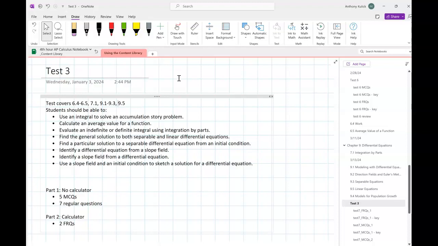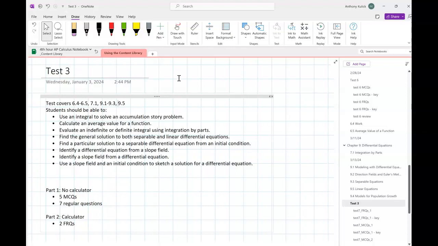Will we know which sections are no calculator and which sections are calculator? The difference between a no calculator and a calculator section would be how nasty the integral is.